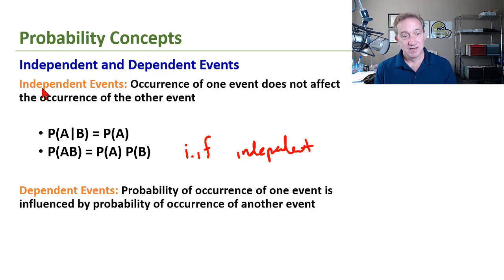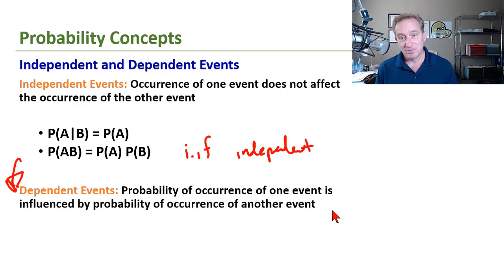And then these two definitions are mutually exclusive, right? So it's an affirmative test of independence. If they don't meet this criteria here, then they are dependent. So dependent is a broad umbrella of non-independent events.